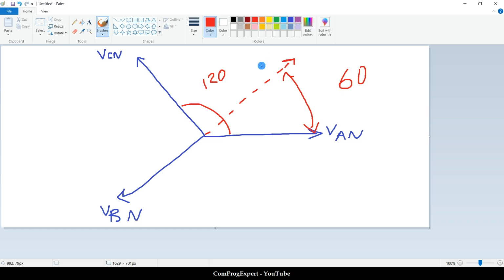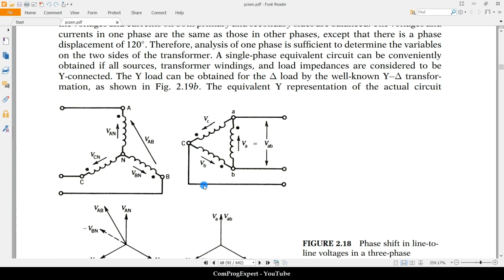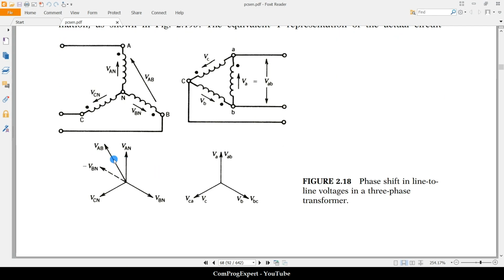So the summation of negative VBN with VAN is here. This angle is 60 divided by 2, that is 30. The angle of the VBN with respect to VAN.